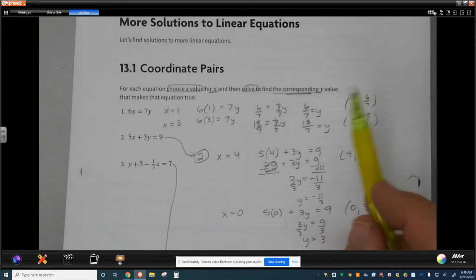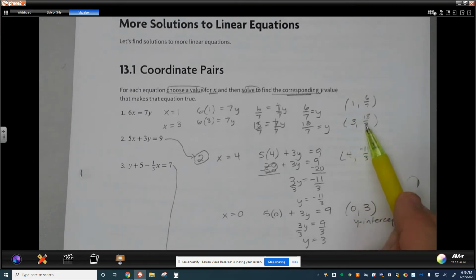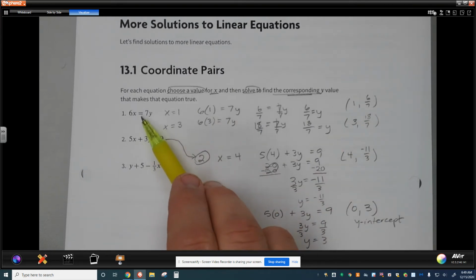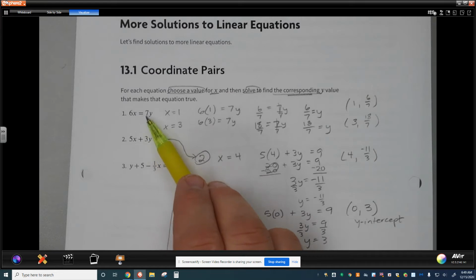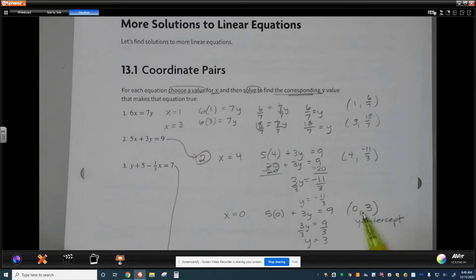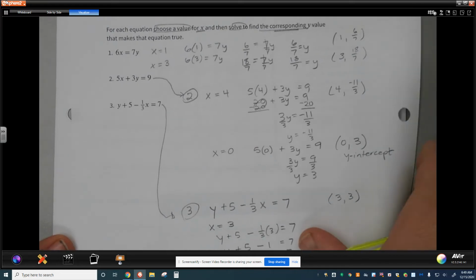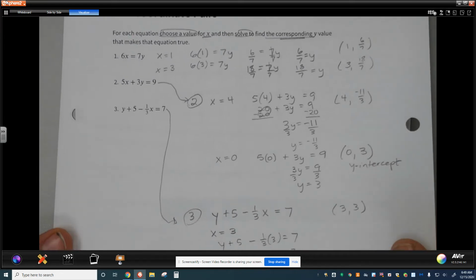So when we talk about being true, we can tell that these ordered pairs, 1 and 6/7, 3 and 18/7, would be on the line that represents 6x is equal to 7y. And the ordered pairs here are going to be solutions for the equation for number 2. Number 3, the ordered pair 3, 3 would be a solution. You can try any numbers you want, but then it would be a good idea to go back and test those numbers.